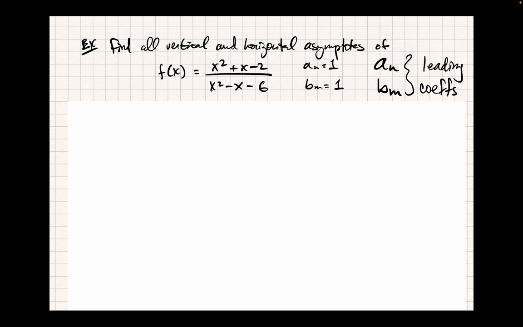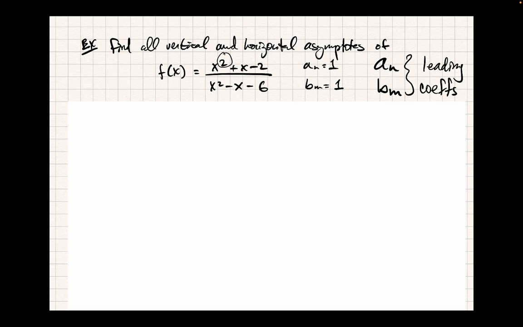And so with the leading coefficients, what do we know about finding the asymptotes? If the degrees are equal. What's the degree of the numerator? 2, right, because of this.